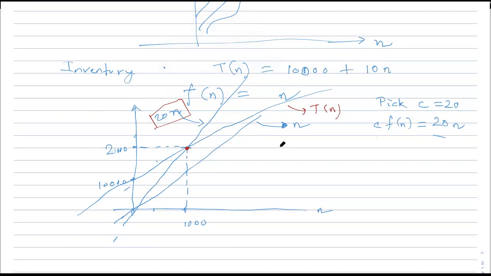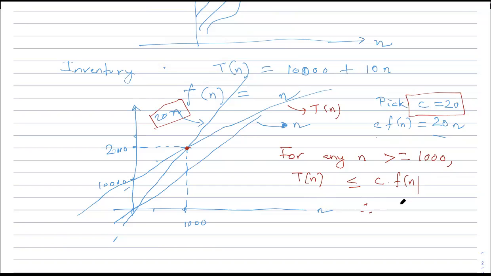So therefore, what we are getting here is that for any n greater than or equal to 1000, right, we got t of n to be less than or equal to c times f of n. And we established this by just picking c equal to 20.